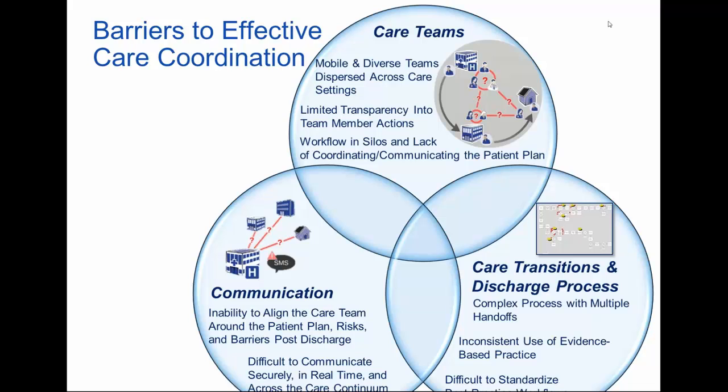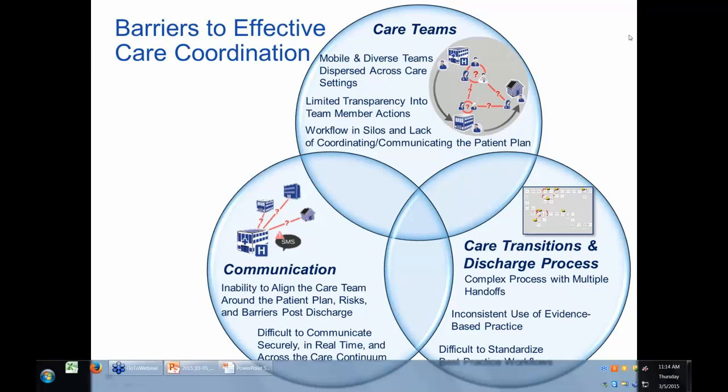The last one is communication. How does one align care team members around the concepts of the patient plan, risks and barriers to discharge, and then see in real time exactly what we are doing to, A, mitigate risks, and B, manage barriers to discharge or transition?